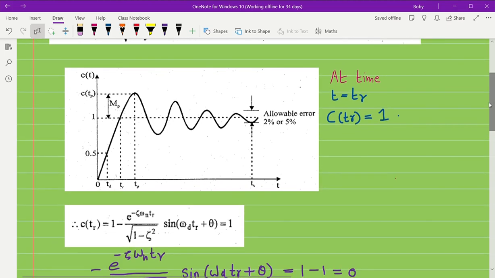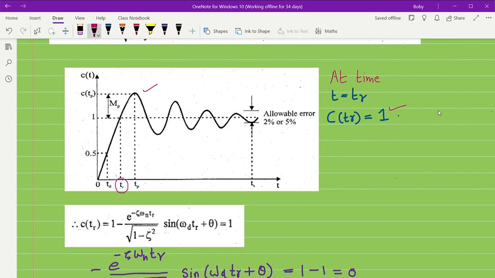We all know that in the case of an underdamped system, its response will be something like this. You can see here the rise time TR is given by when the response reaches the value 1. That is, at time t equal to TR, C of t, or C of TR, is equal to 1.